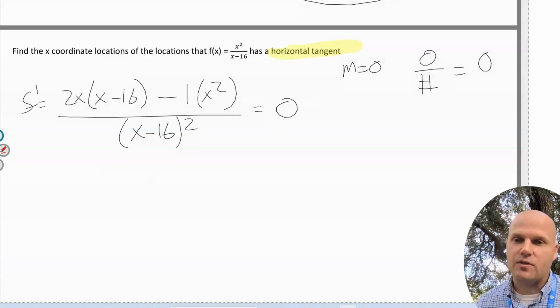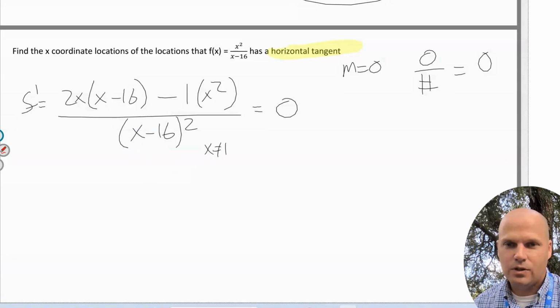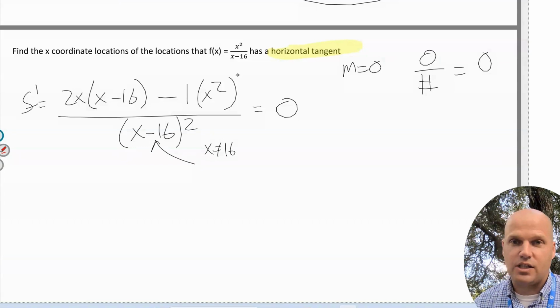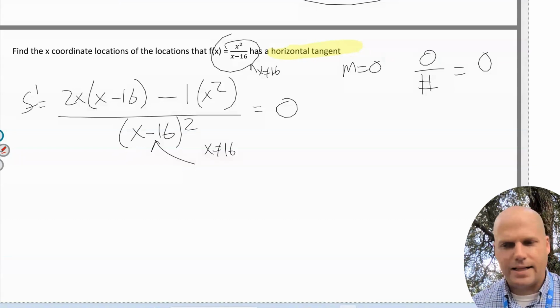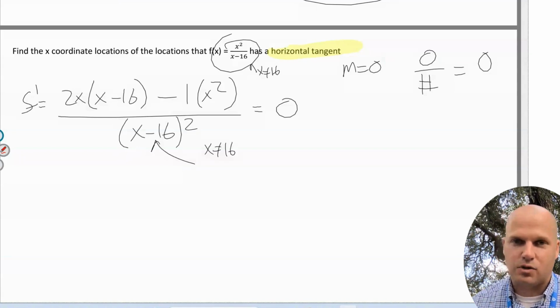Now, you have to pay attention to the fact that x can't equal 16. You're not allowed to plug in 16 because it doesn't exist on the original function. There's a vertical tangent. If I get an answer that is 16, that's not really an answer because there is no function. We are not defined. We have a vertical asymptote at x equals 16.